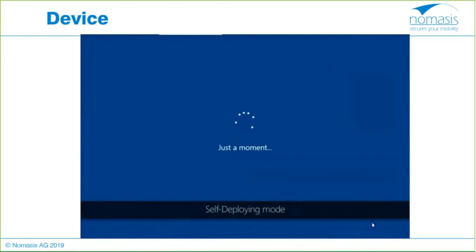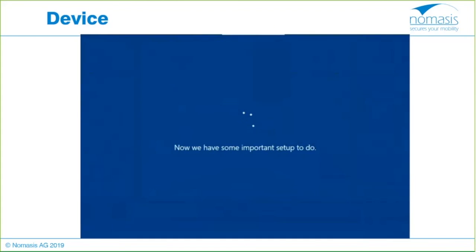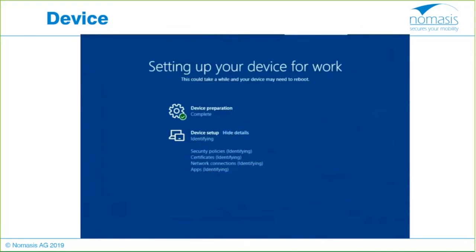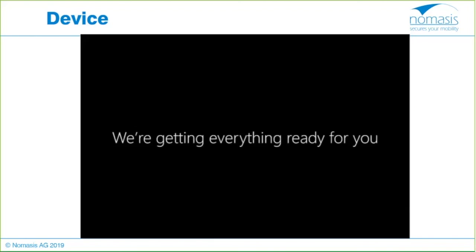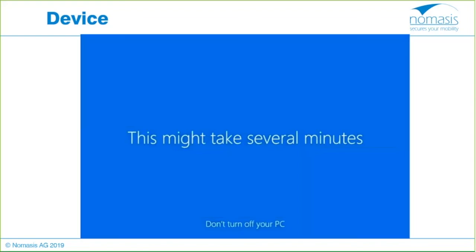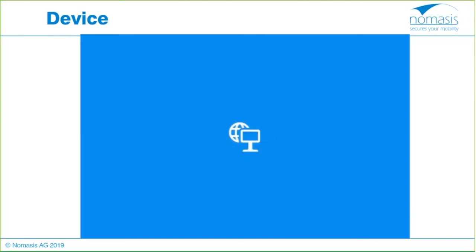Just a moment. It will do some setup. Then it could look like this. You can see there what the device is setting up for you. This is a little bit sped up, so that it doesn't take several minutes.